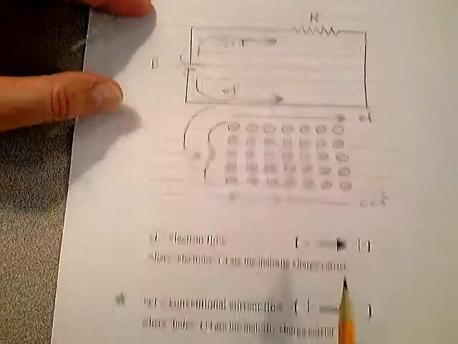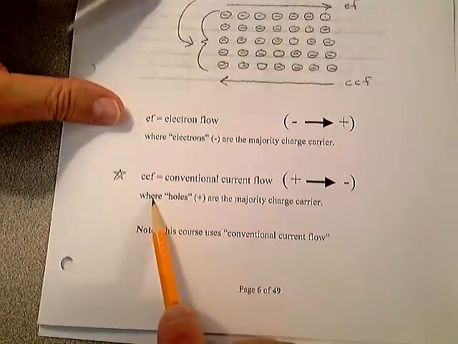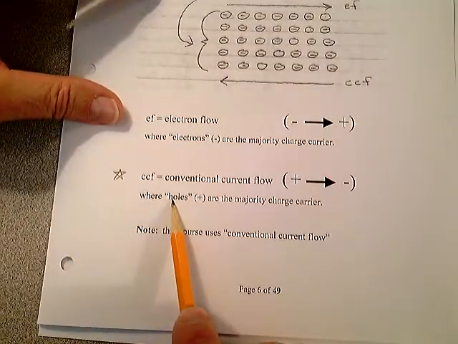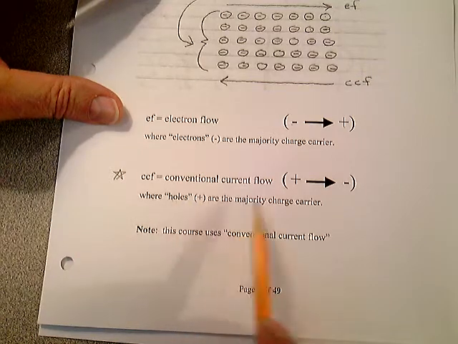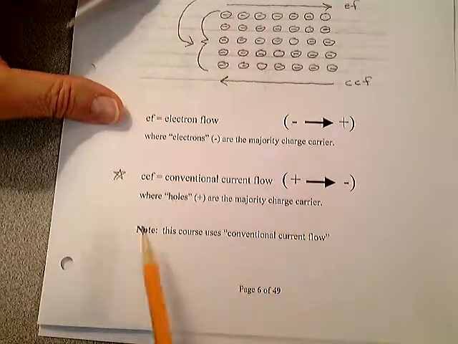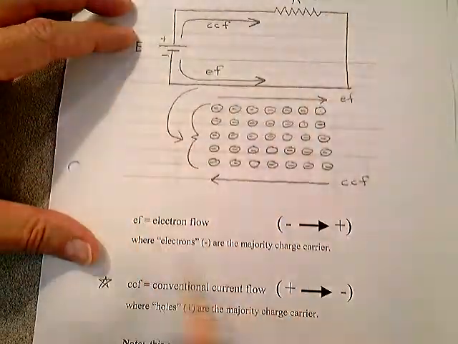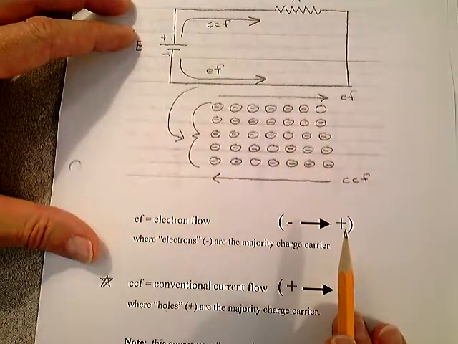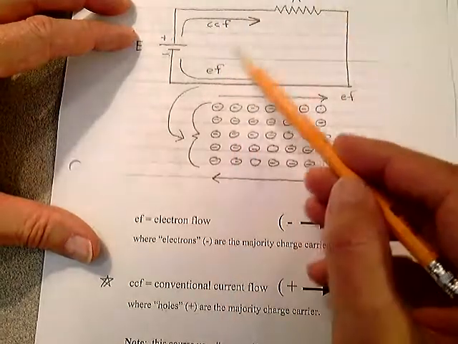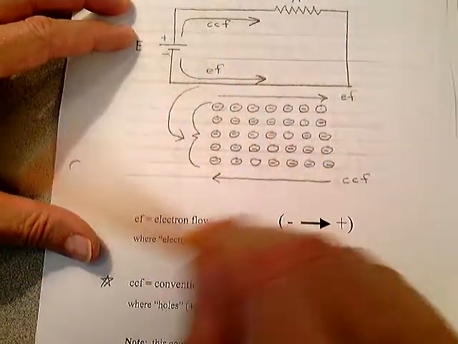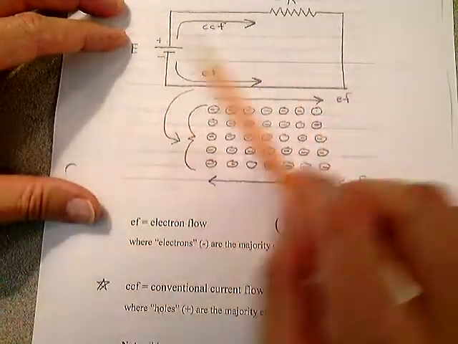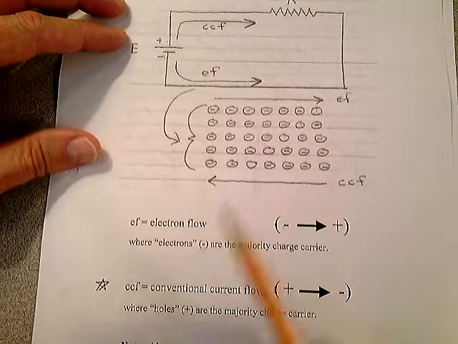That's the convention we're going to use, where the holes, the positively charged holes, are the majority charge carrier. Note, this course uses conventional current flow. Don't get into any serious discussions about the differences between conventional current flow and electron flow. Six of one, half a dozen of the other. It's just two different ways of describing the physics.